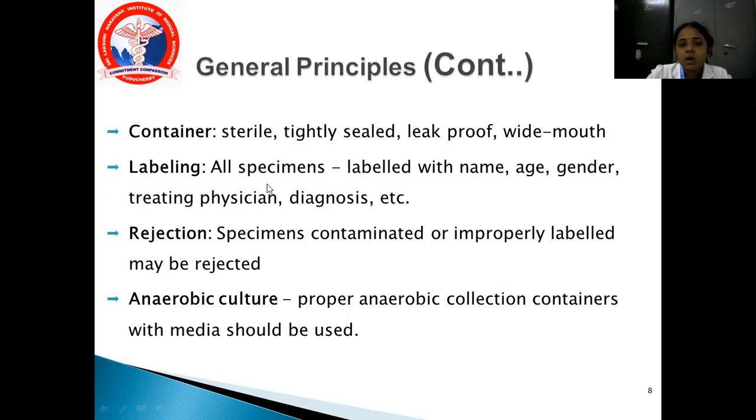All specimens are labeled with name, age, gender, treating physician and clinical diagnosis. If the specimen is contaminated or improperly labeled, that sample may be rejected. For anaerobic culture, proper anaerobic collection containers with media should be used.